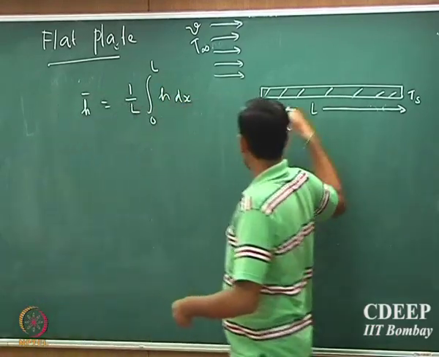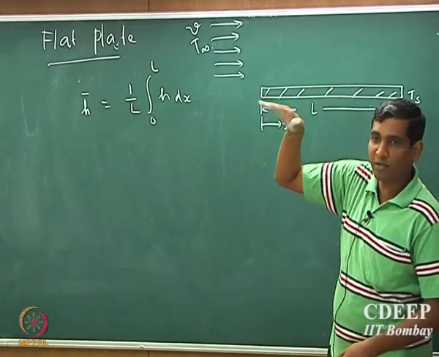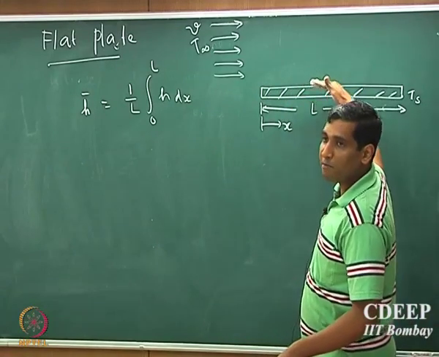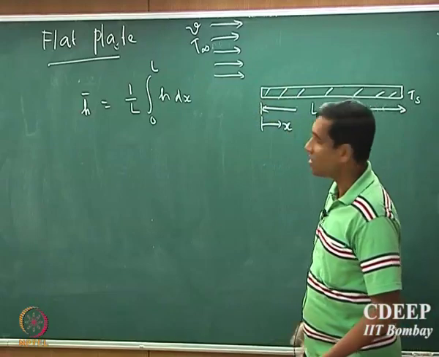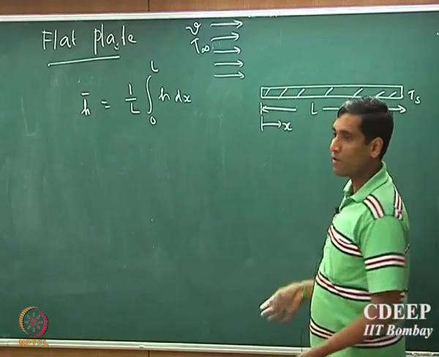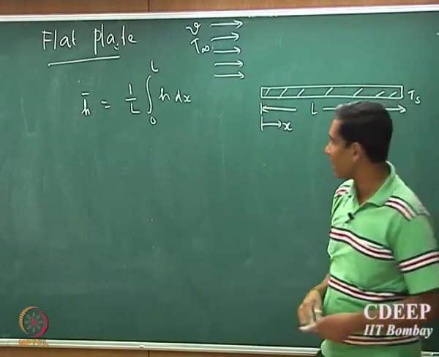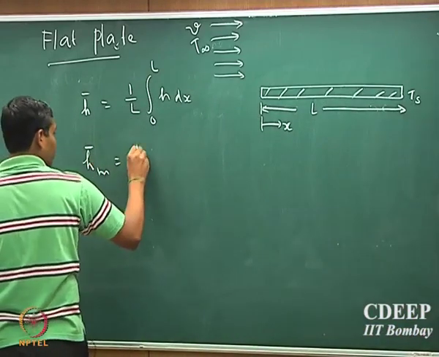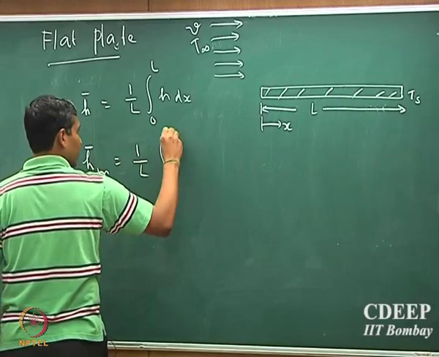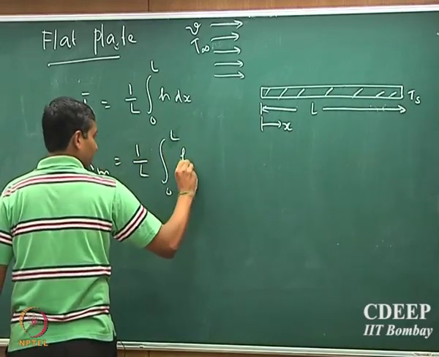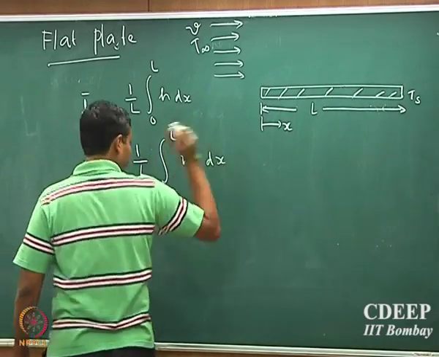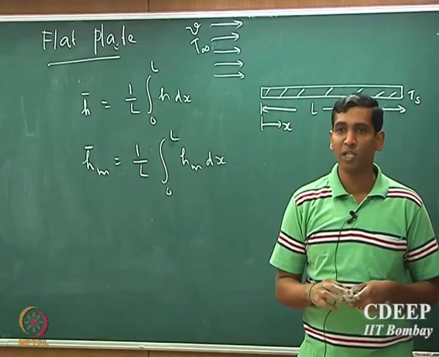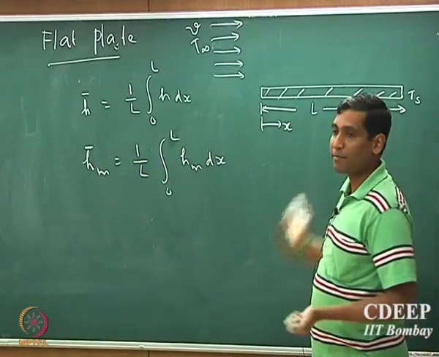I assume a uniform cross section, with the other direction infinitely long, so the heat transport coefficient is essentially averaged over the length. Similarly, the average mass transport coefficient will be 1 by L integral from 0 to L of Hm times dx. So that's the average heat transport and average mass transport for flow past a flat plate.